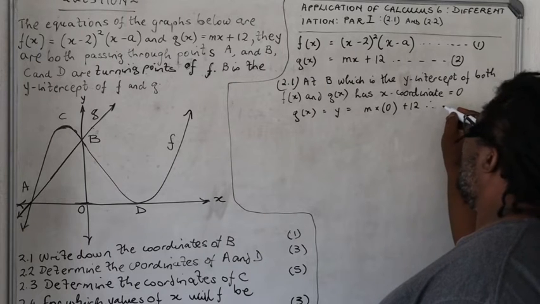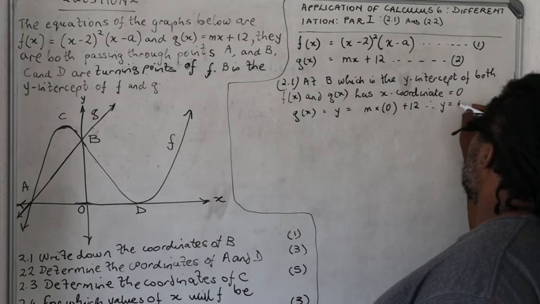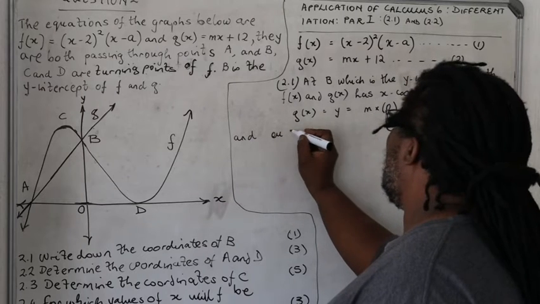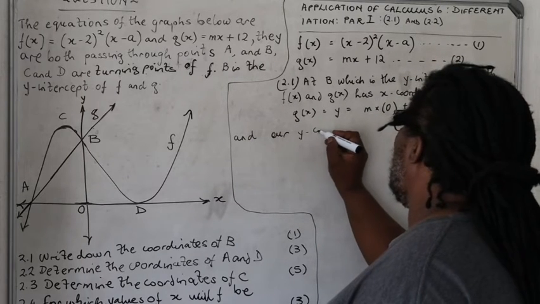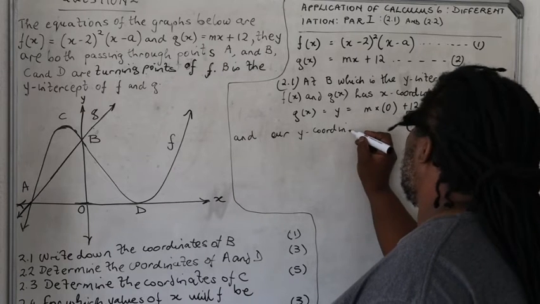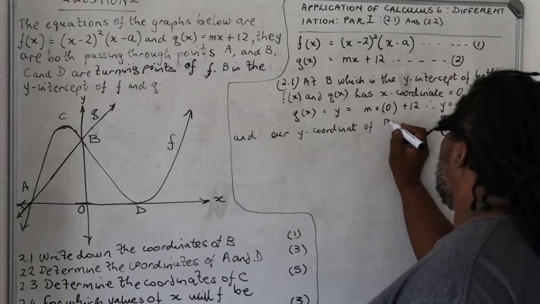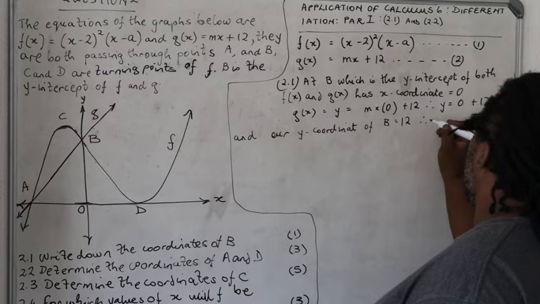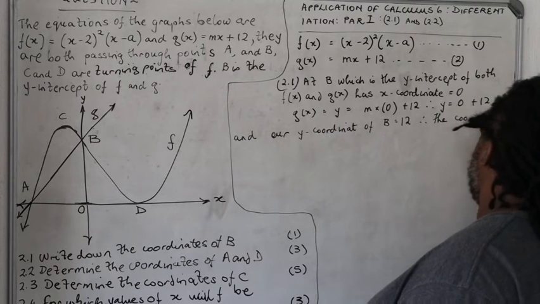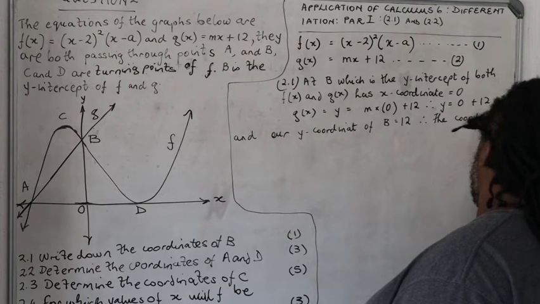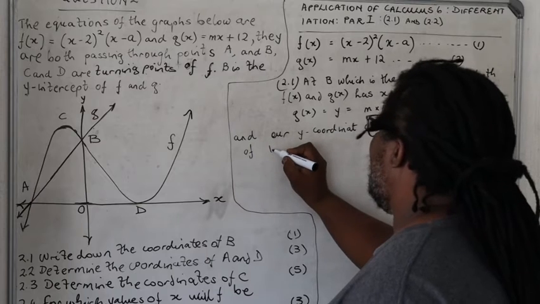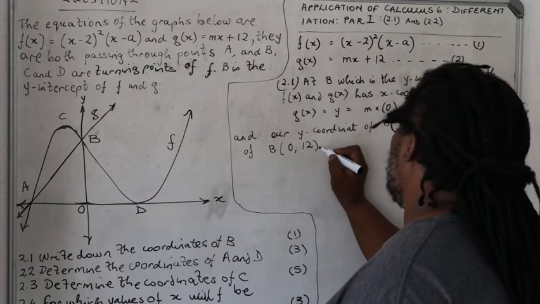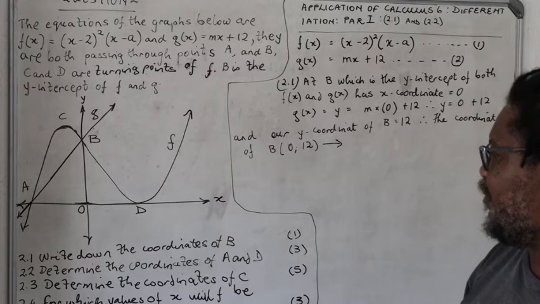And therefore, we have y = 0 + 12, and our y coordinate of B is equal to 12, and therefore the coordinates of B are (0, 12). And that is our solution to part 1.